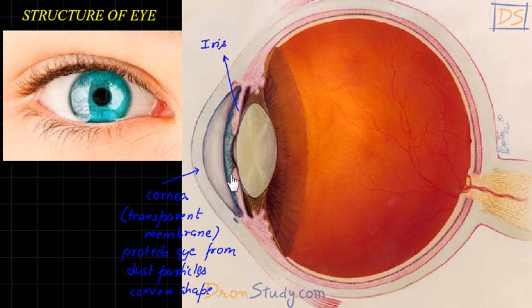You can also see this structure here, students. Now, in the mid of iris, there is a hole, students, that is actually called pupil. It is very important, students, as we will see later in this chapter. If we look at eye, students, from outside, this black structure here is actually pupil. And this green structure here, students, is actually iris.